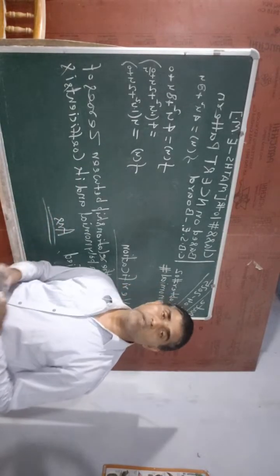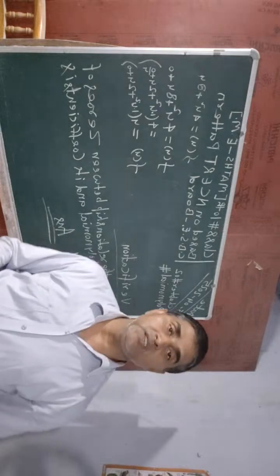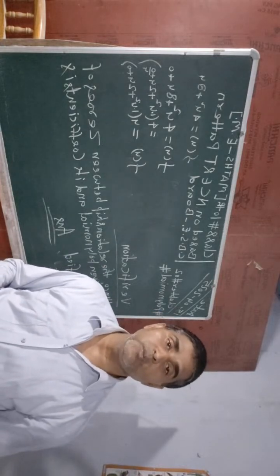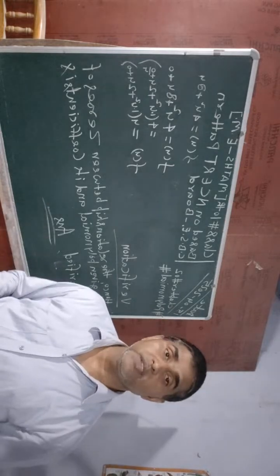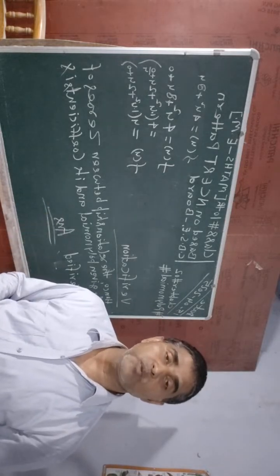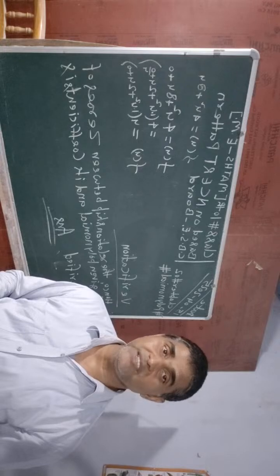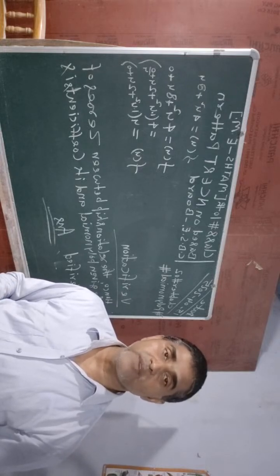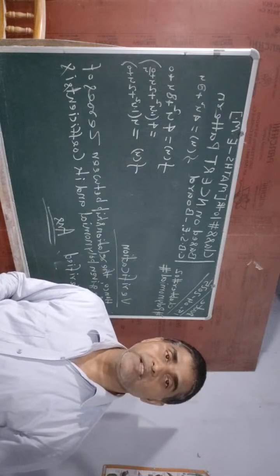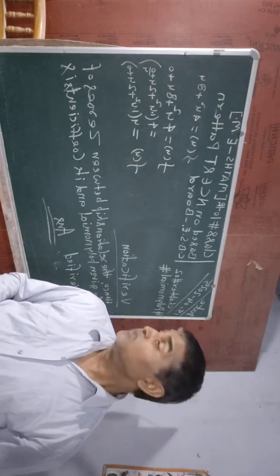Okay students, so in this way you can easily solve the given polynomial. If a polynomial is given, you have to find its zero values easily by using this concept, and you can also easily verify the relationship in the form of coefficients.